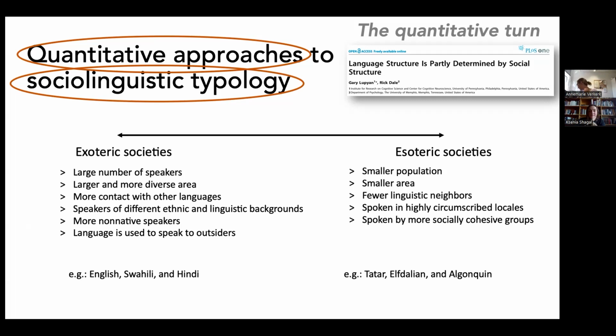And they look at WALS features where you can easily say that one of the variables, or one of the feature choices, is more complex than the other, right? So for example, for the WALS chapter on case syncretism, if you have syncretism, that's more complex than not having case syncretism.